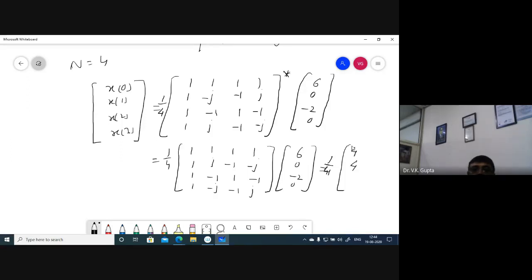Third will be 6 plus 2, 8. Third will be 6 minus 0, 0 means 4, and the fourth will be 6 plus 2, 8.